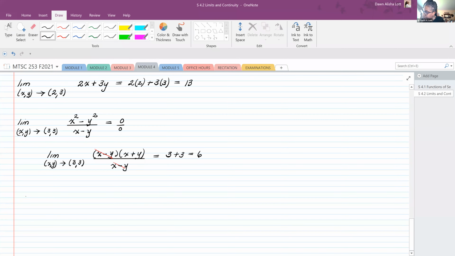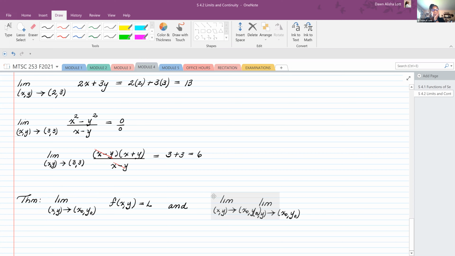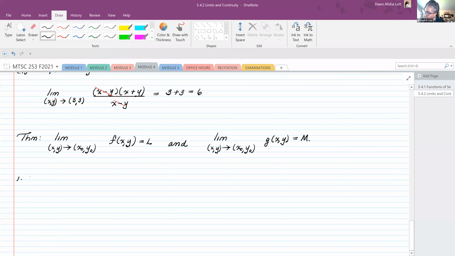So here's the theorem. We want to say the limit as (x, y) approaches (x naught, y naught) of f of x, y is equal to L and the limit as (x, y) approaches (x naught, y naught) of g of x, y equals M. Then we get the sum rule.